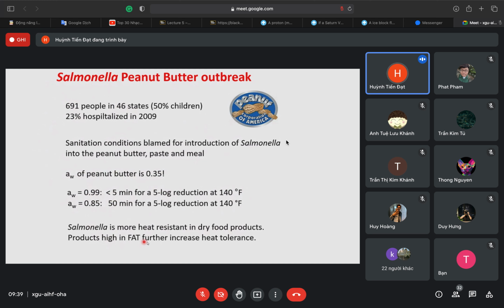And then high fat further increases the heat tolerance. So unluckily, in the peanut butter, the low water activity also comes with high fat, high in oil. So in this case, Salmonella survives more in peanut butter.